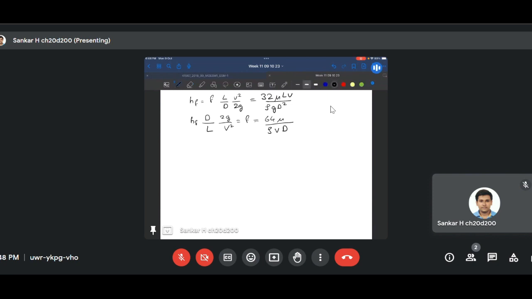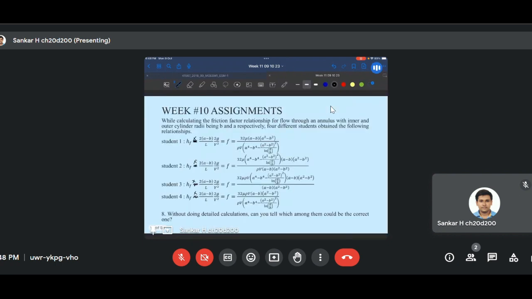So rho V D, and this D refers to a characteristic diameter, and L refers to the length of this.